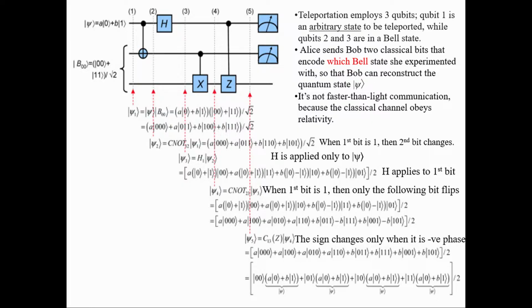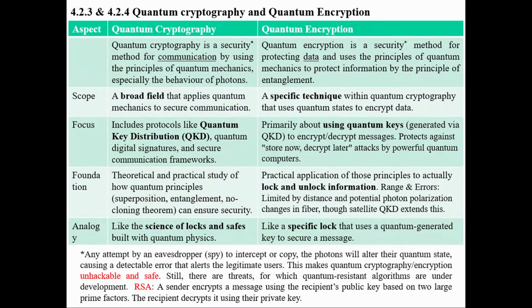This is the description of various components, but I don't have time. There is a subfield of this, quantum cryptography. Again, QKD is in that one also. It is safe data preservation, which protects against store-now-decrypt-later attacks.